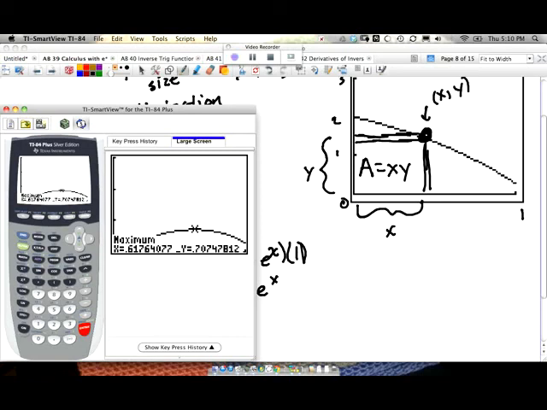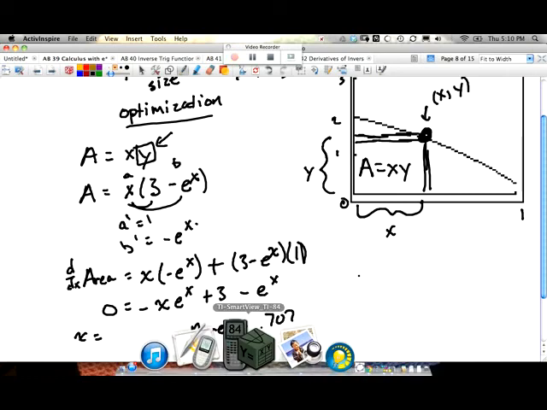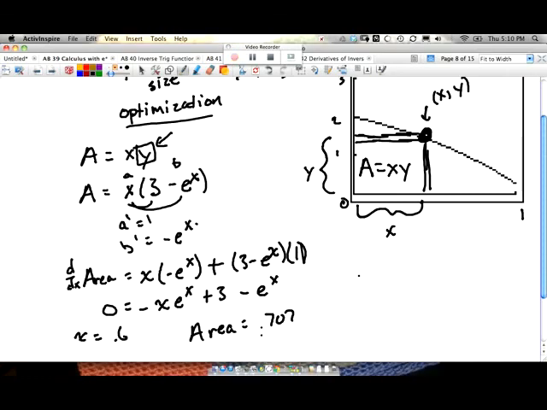Boom! Answer. So the area is 0.707 and the x value is 0.617. So the area is equal to 0.707. But the x value solved from this equal to 0 would be 0.617. Boom!